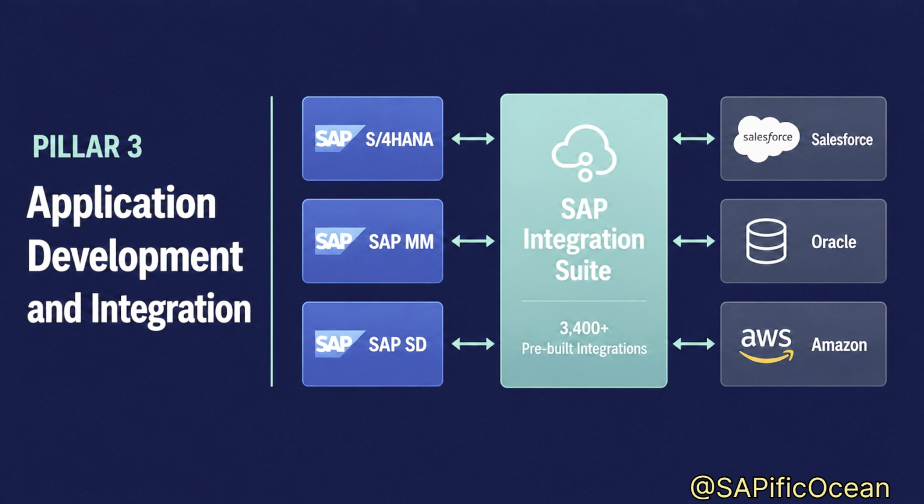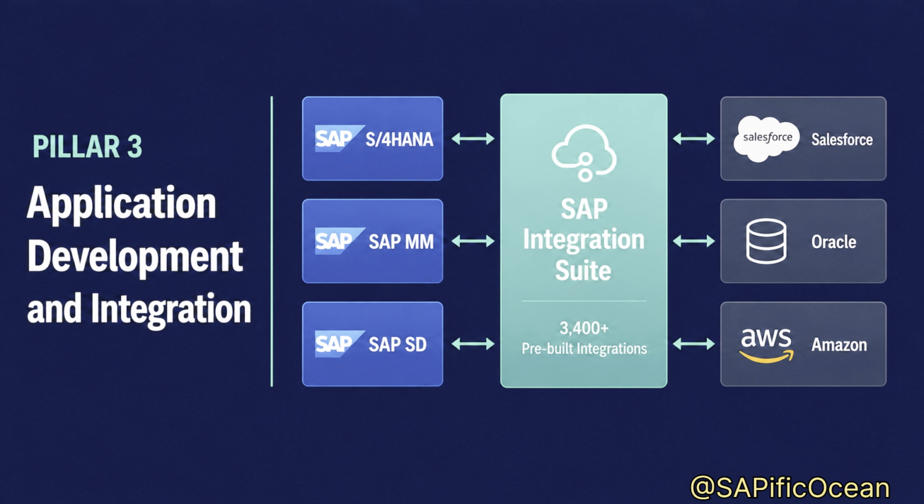S/4HANA talking to Salesforce. SAP sending purchase orders directly to a supplier system. SAP SD receiving orders automatically from an e-commerce platform. Over 3,400 pre-built integrations, 170 third-party connectors, out of the box, ready to use.